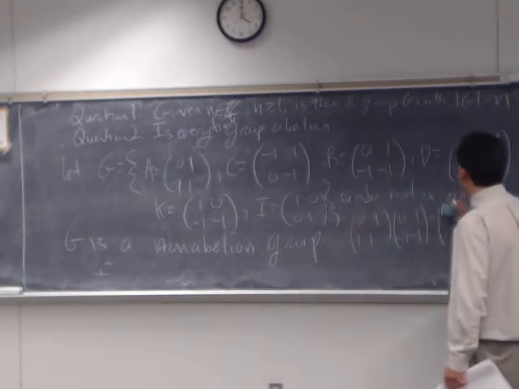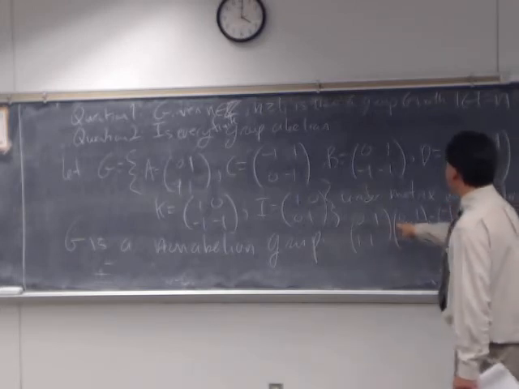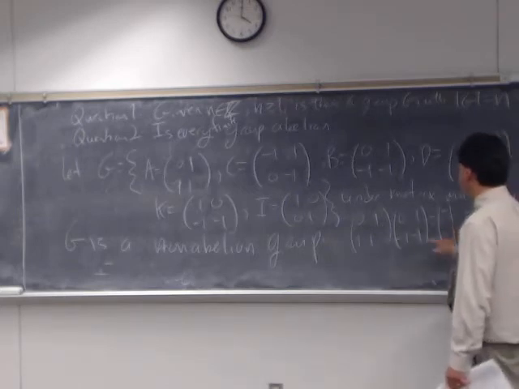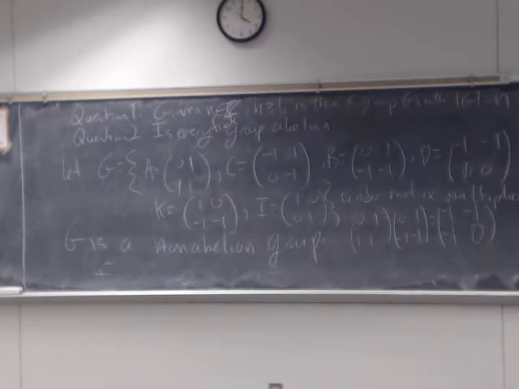So that would give us -1, -1, -1, and 0, which is the matrix we call D.